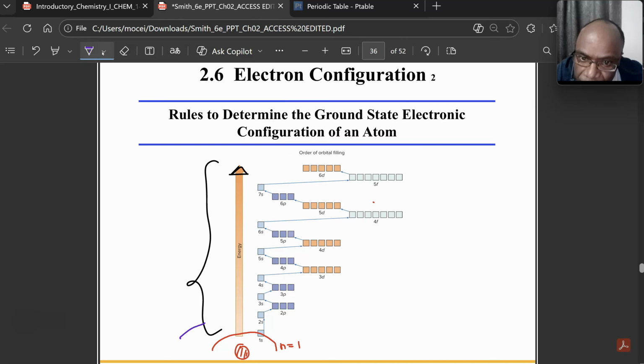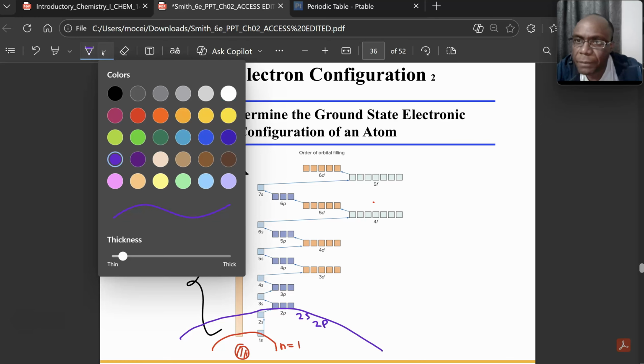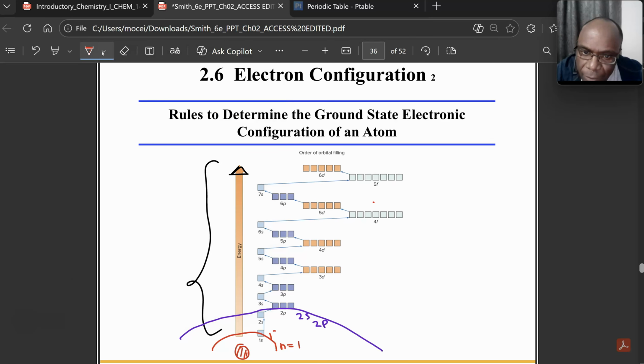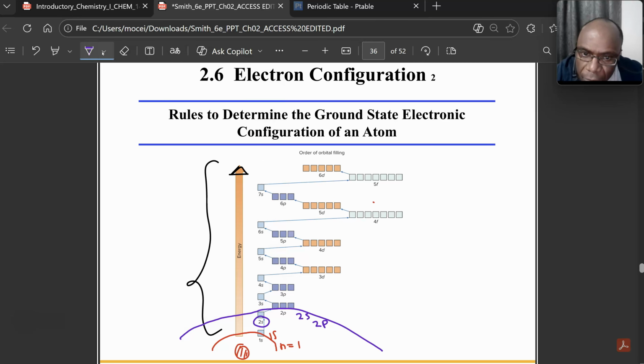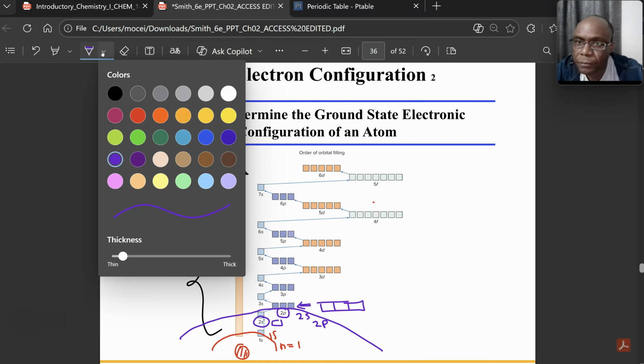The second energy level is going to be somewhere here. It's going to contain the 2s and the 2p. Remember, the first energy level is just the 1s. Okay. So here we are just including the 2s and 2p. That's the p orbital cut into 3 boxes. S is just 1 box.